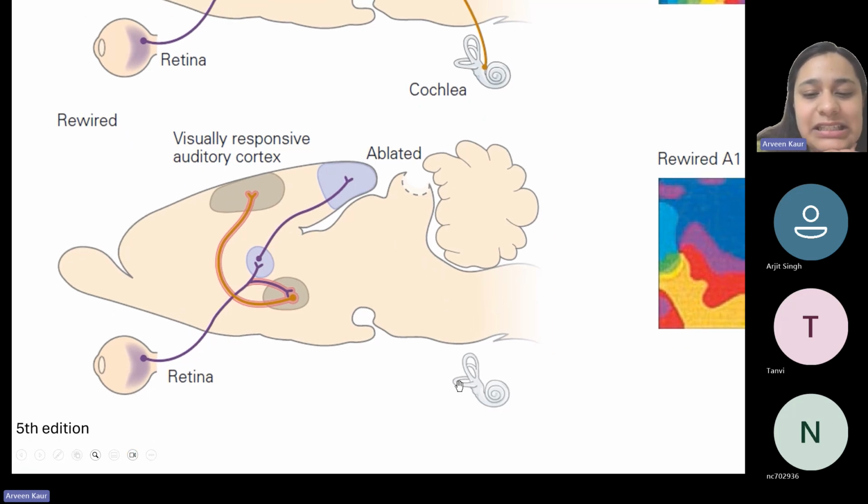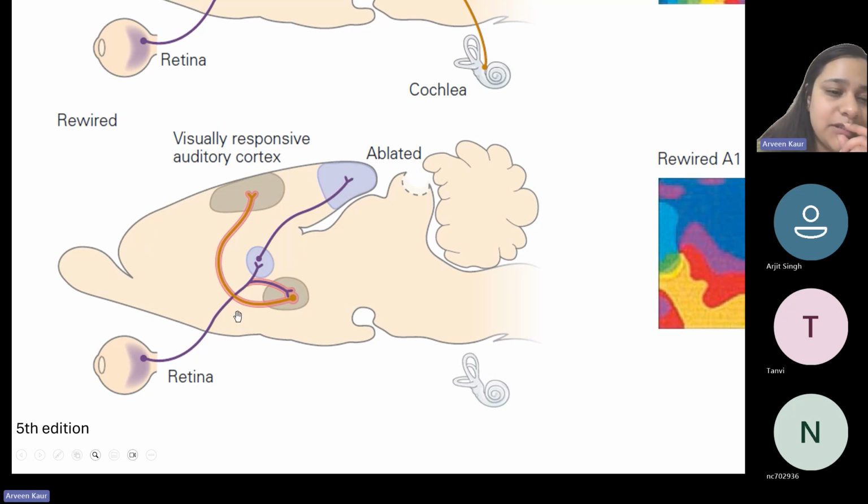So that means the inner ear signal will never be able to reach the brain, because now the area that was responsible for reading the signal has been removed or has been ablated, right? So what will happen is the retinal signal is only coming, right? It is still going to the LGN, it is still going to the visual cortex area, right? And the visual stimuli we can still understand.